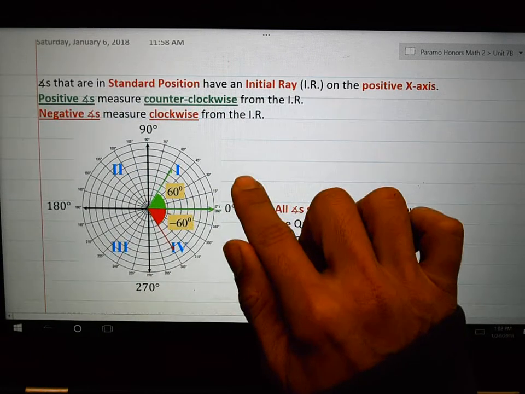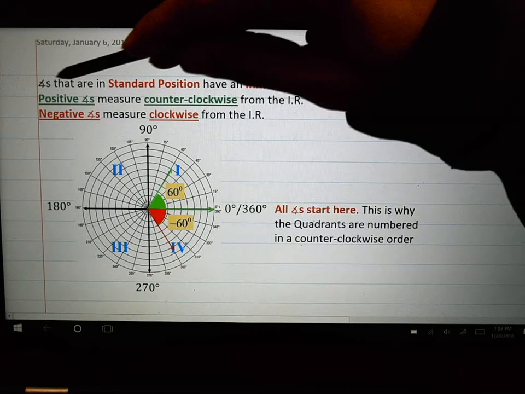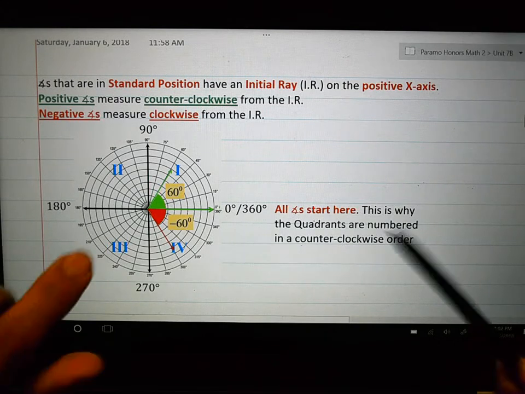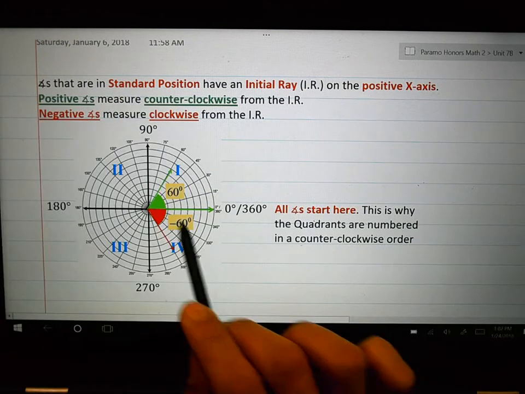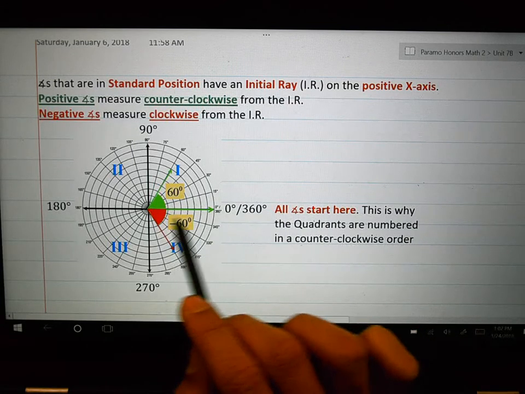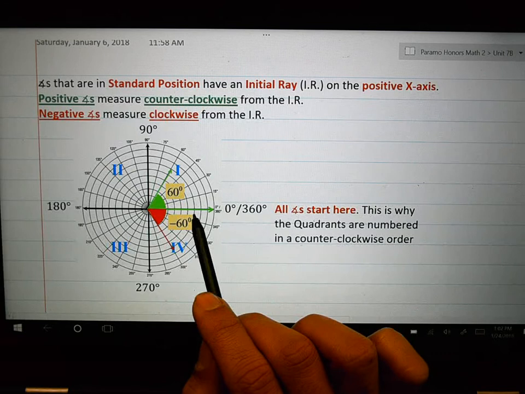So with that being said, angles that are in standard position have an initial ray on the positive x-axis. What that means is that all angles are going to start right here on this x-axis, on the positive x-axis.